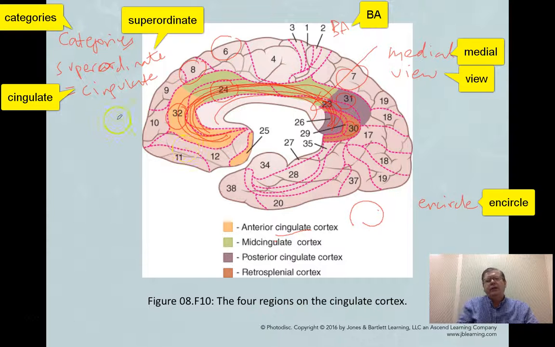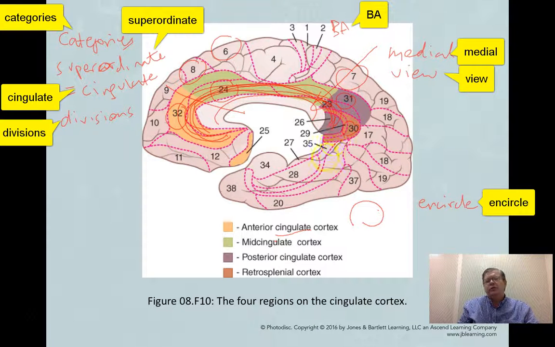But within the cingulate, we've got divisions, and these are divisions that respond to position. So we've got an anterior portion here, anterior cingulate cortex. We've got a mid-cingulate area here. We've got a posterior cingulate here, and we've got the retrosplenial cingulate.